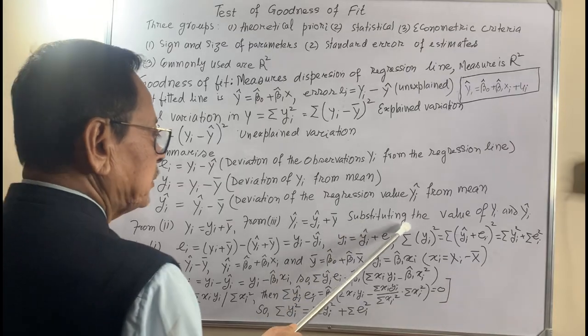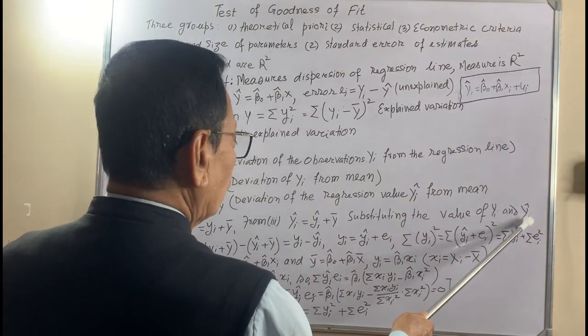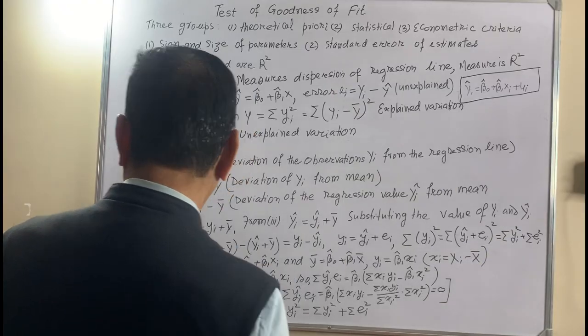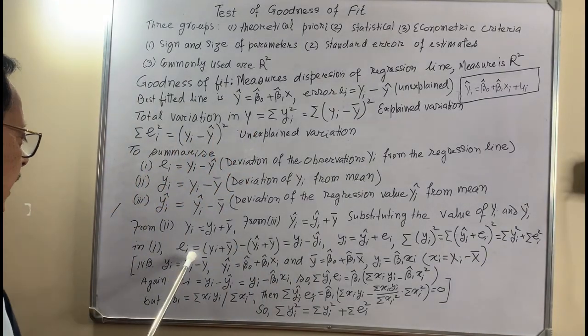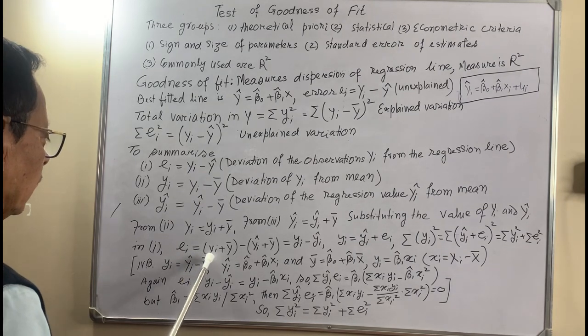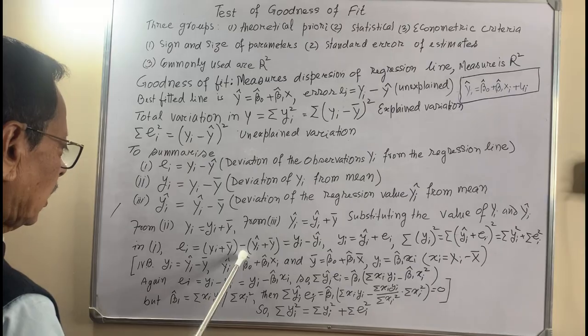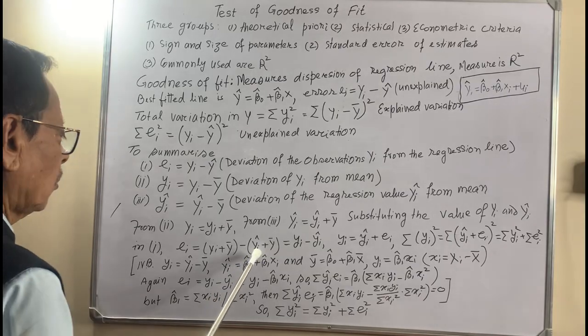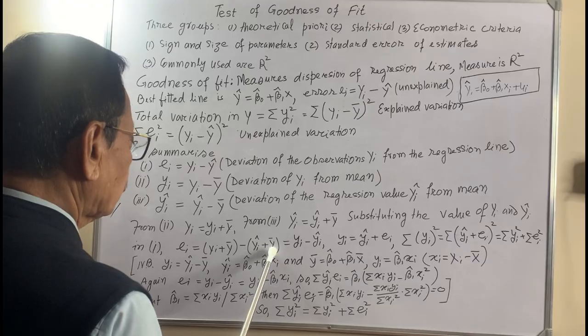Now, if we substitute the values of Y_i and Y_i estimated in 1, then e_i is equal to y_i plus y bar minus y_i estimated plus y bar.